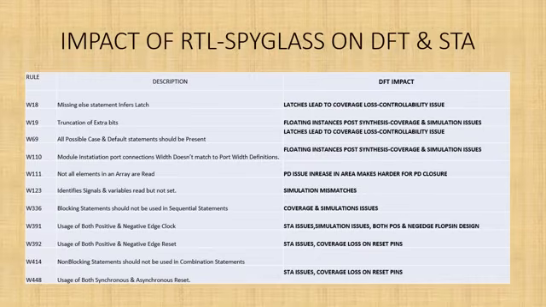Suppose this issue is reported to the synthesis team when it checks; it is due to the RTL level. So the RTL engineer should modify it, then give the modified RTL to the synthesis engineer, who should synthesize and give a netlist to DFT, and again the DFT engineer should work on it. So it is a repetition of the process. To avoid such issues, we can fix these issues at the RTL level itself.